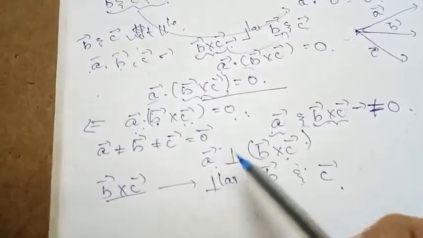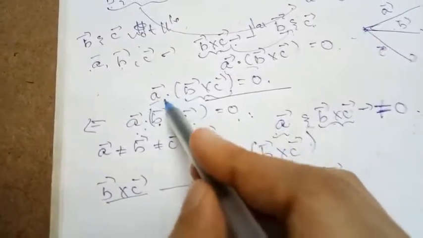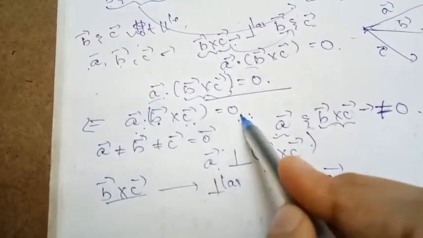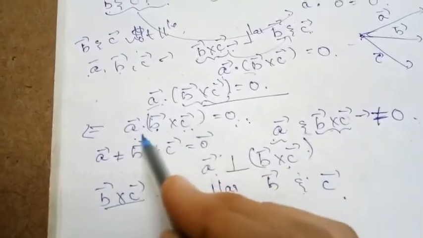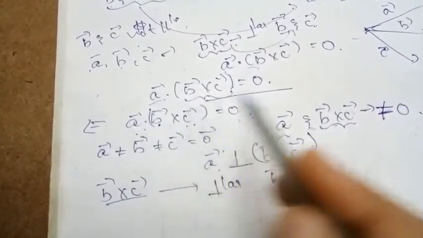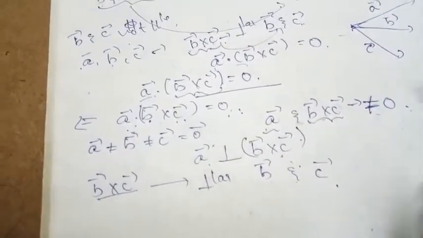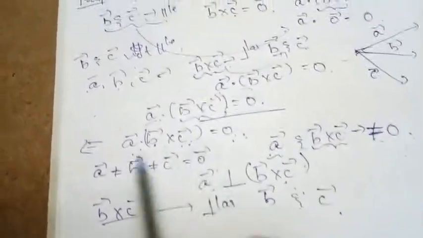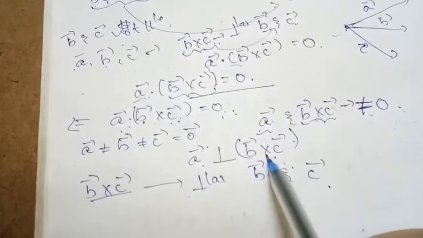Now you can observe here properly. The dot product of vector A dot vector B cross C is equal to 0 when both vectors, that is vector A and vector B cross C, are not equal to 0. In that case, the dot product being equal to 0 implies that these two vectors are perpendicular to each other.